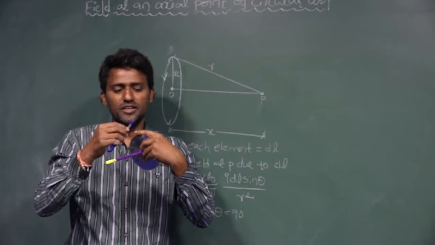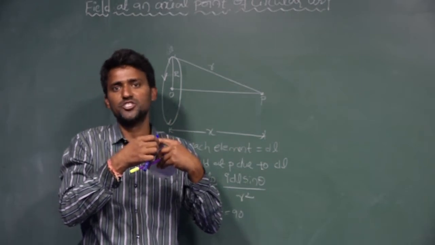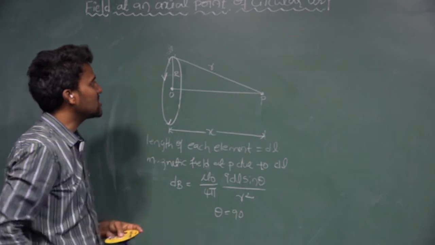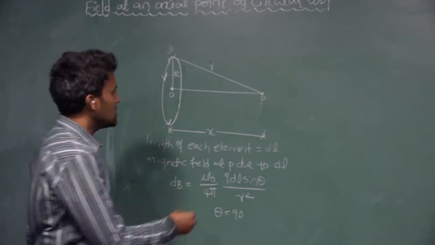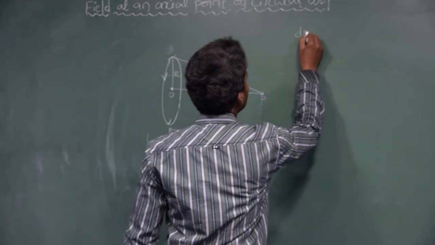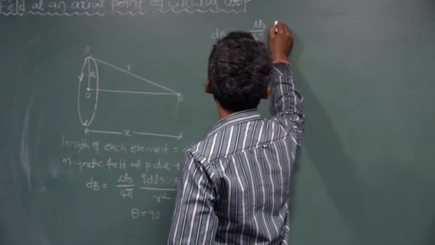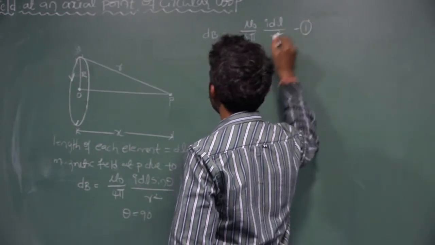So the angle between these two is 90 degrees, so theta is equal to 90 degrees. dB is equal to mu naught by 4 pi into I dl divided by r square. That is equation number 1.